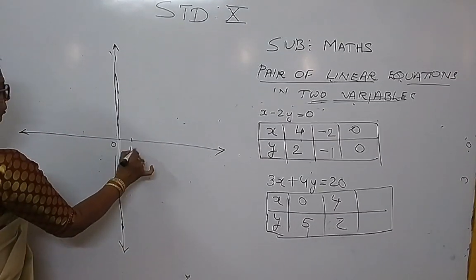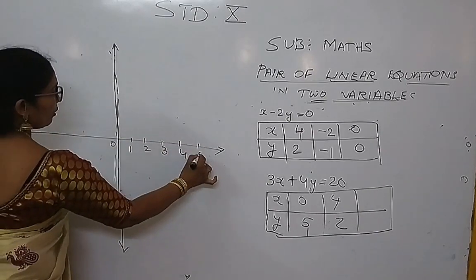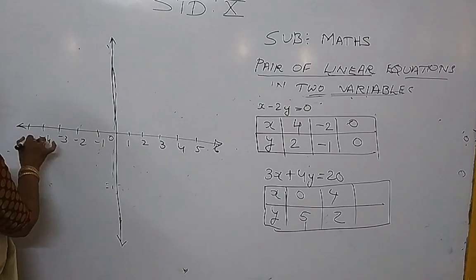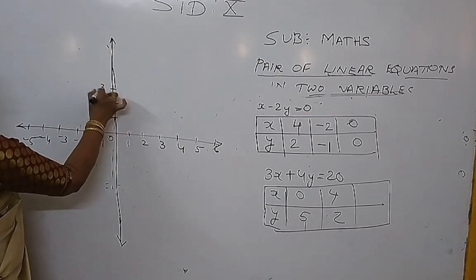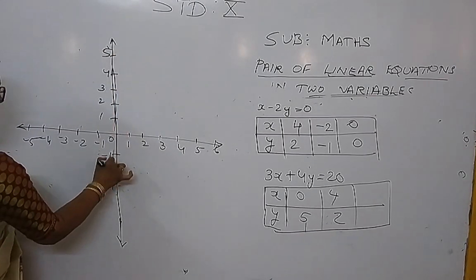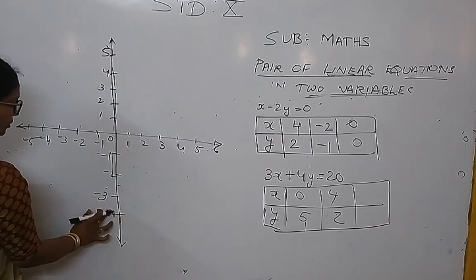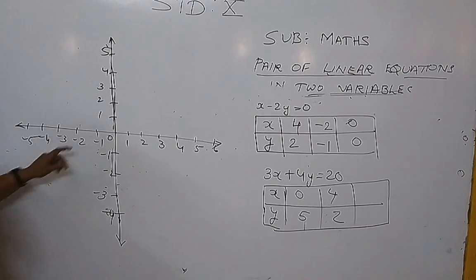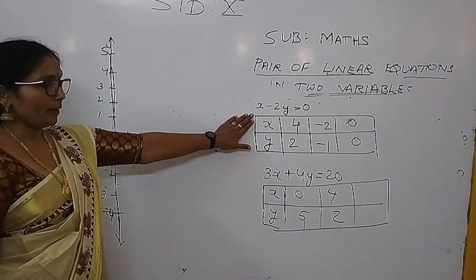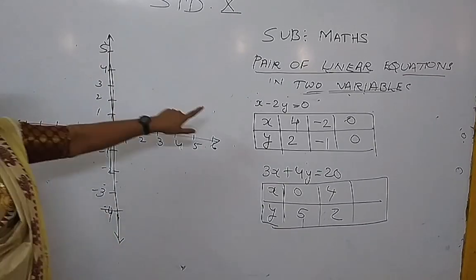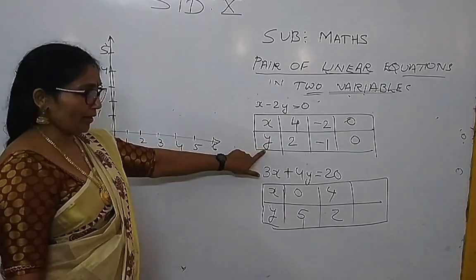So look at that: 0, 1, 2, 3, 4, 5, 6. Here also minus 1, minus 2, etc. and 1, 2, 3, 4, 5, minus 1, minus 3, minus 4, etc. Now first equation, we are going to represent it on this coordinate plane.